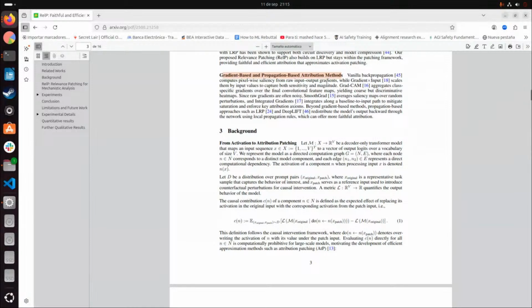Vision feature maps. Yeah, I also don't know much about this gradient-by-inputs. I think we've seen maybe some paper related to that in the past, but I don't completely remember it right now.